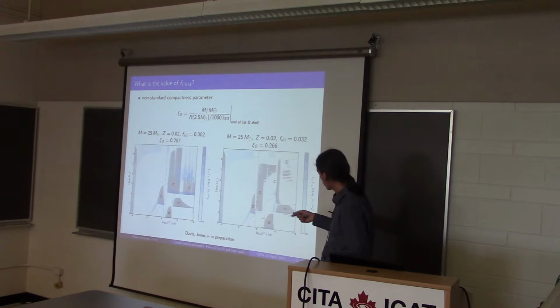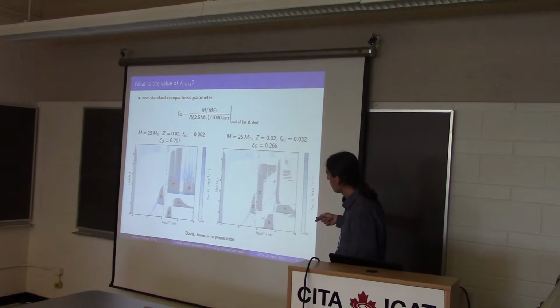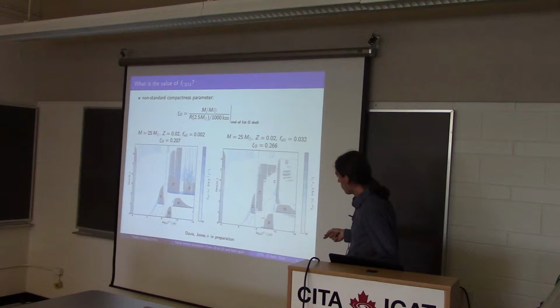For those of you who don't know what a Kippenhahn diagram is, this is the structure of the star, so it's mass instead of radius, and this is some time scale, and this is the innermost part of the 25 solar mass star beyond core carbon burning. This is from work by Austin Davis, a graduate student in our group.